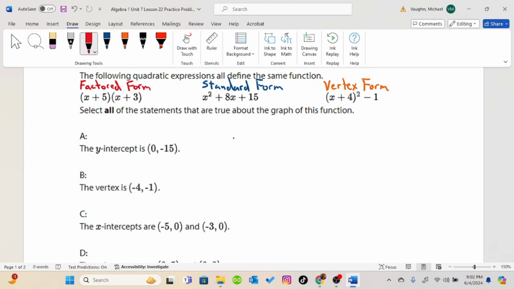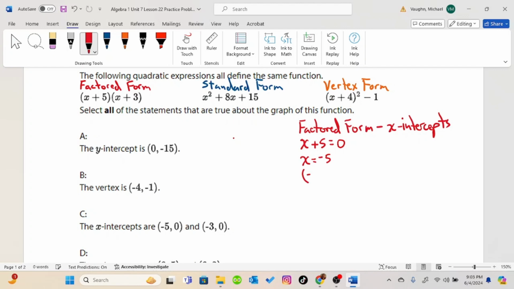So the factored form is used to find x-intercepts. We take each factor and we set it equal to 0. First, x plus 5 equals 0 when x equals negative 5.